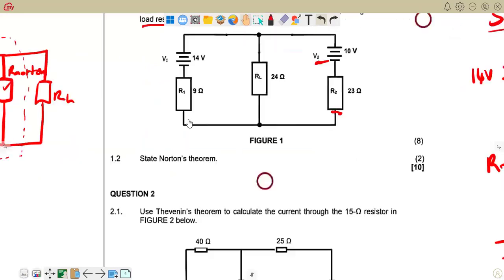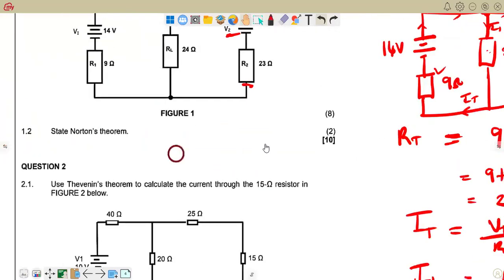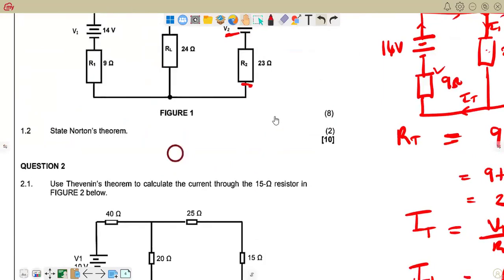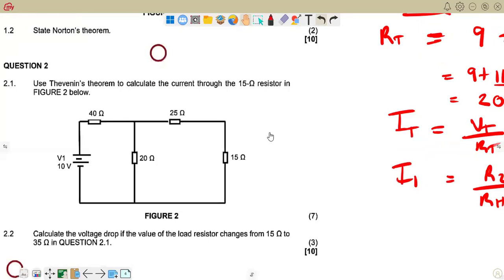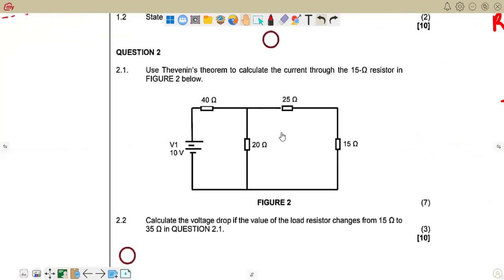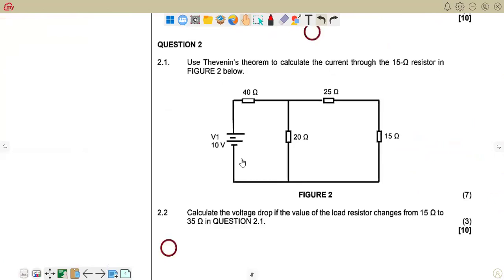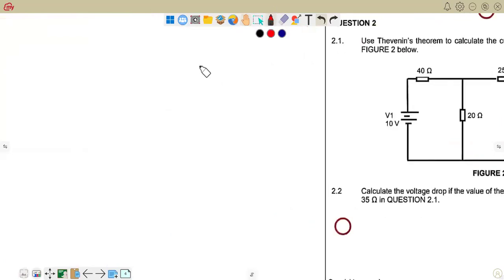Question number 2. Use Thevenin's theorem to calculate the current through the load. To use Thevenin's theorem, the first thing we would want to do is calculate RThev, Thevenin's resistance. Thevenin's resistance is calculated by removing the source and replacing it with an open circuit.